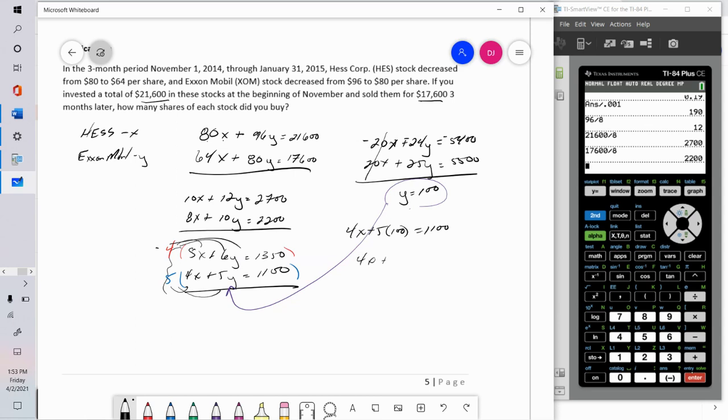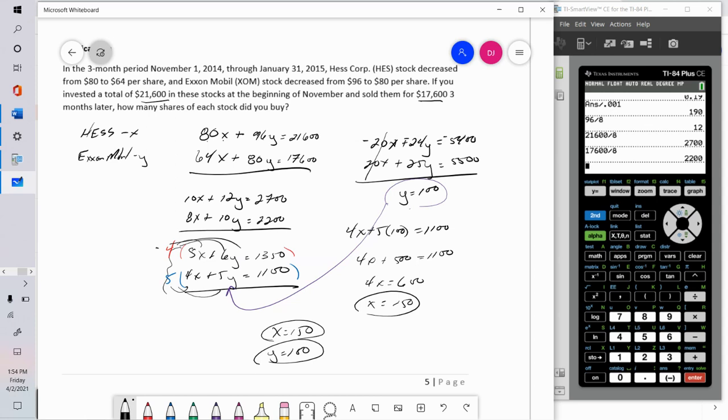So 4x plus 500 equals 1,100. 4x equals 600. X equals 150. So I bought 150 shares of Hess, and I bought 100 shares of ExxonMobil. Okay, so this is an example of using systems of equations to solve a problem, some application there.